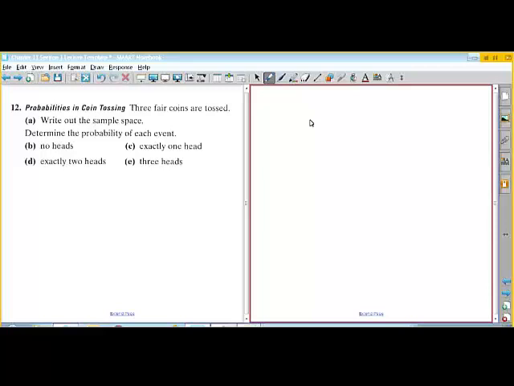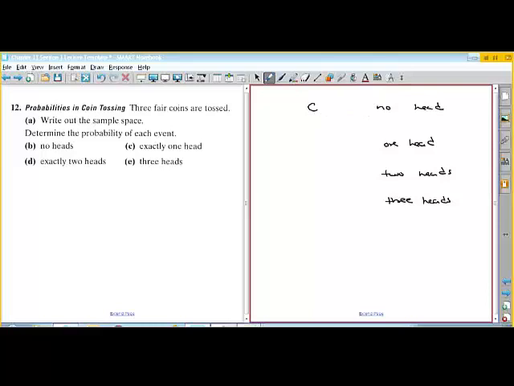Remember, we're tossing a coin 3 times. So what are they asking for? Heads. No heads, 1 head, 2 heads, and 3 heads.